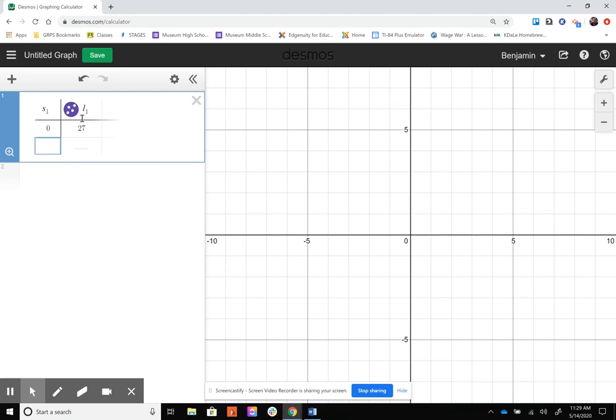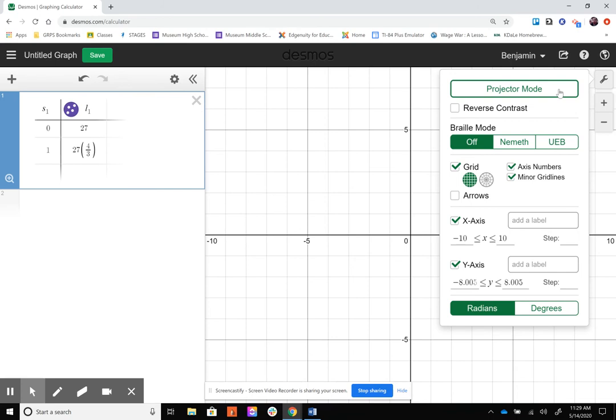This is why this graphing program is great, because I could write 1 and then I could just write 27 times 4/3. I don't need to actually evaluate. Like, we know that it's 36. We've calculated that, so I could write that as 36 also. But I don't need to. I can keep it like this because we're going to see a pattern.